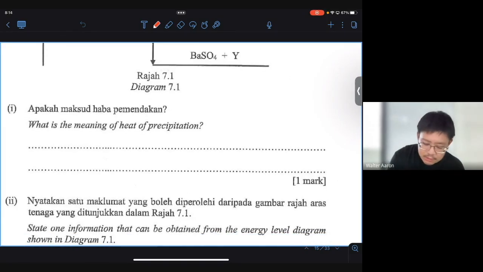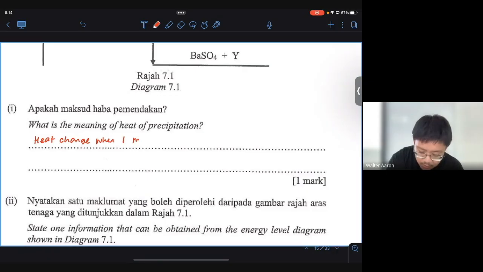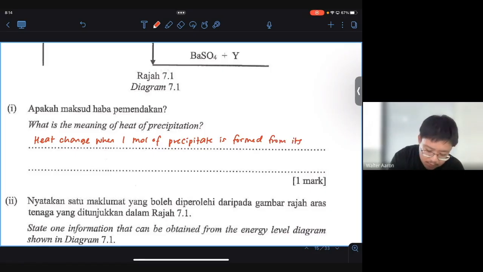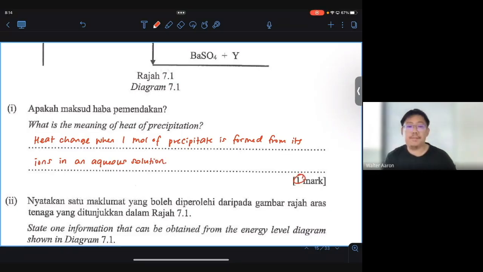So here we say heat change when 1 mole of precipitate is formed from its ions in an aqueous solution. It's a very specific definition.